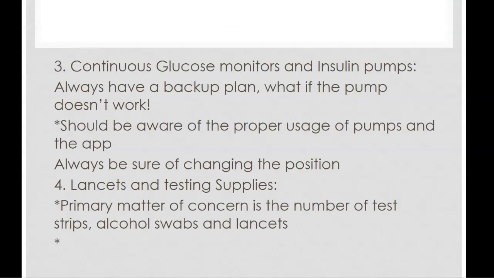Then continuous glucose monitoring and insulin pump. One needs to know how to use the equipment, as well as what to do if the equipment doesn't work, like if the insulin pump doesn't work, then there should be a backup option so that your health doesn't deteriorate or you are not affected because of it.